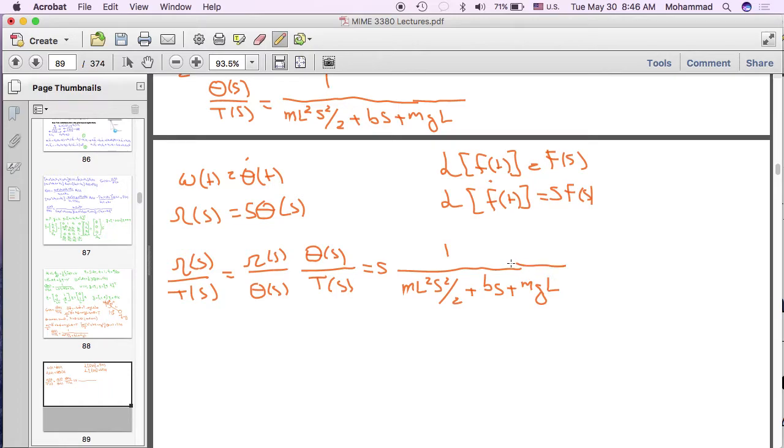So you got it. And that's a common trick. When you have a transfer function of a base variable to an input, and you're looking for the transfer function of the time derivative of that variable, you simply take that transfer function and multiply it by s to get the new transfer function.